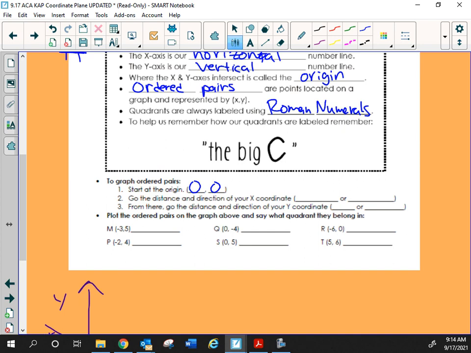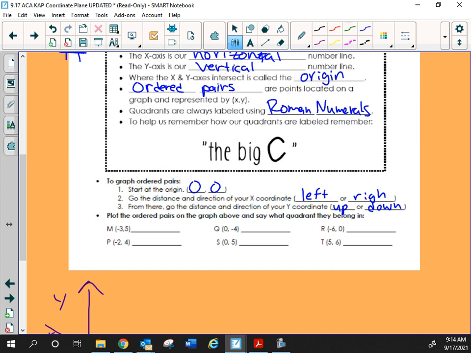We go to the distance and direction of your x coordinate. So is that going to be up and down or left and right? The x values are left or right. And then from there, you go to the distance of your y coordinate, which would be up and down.